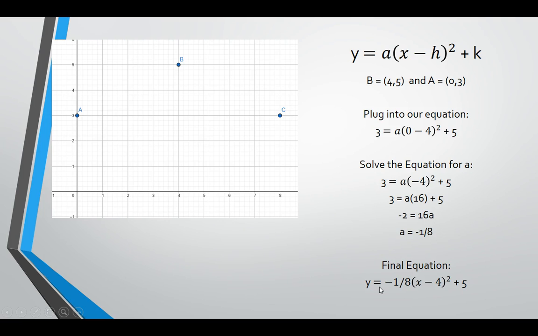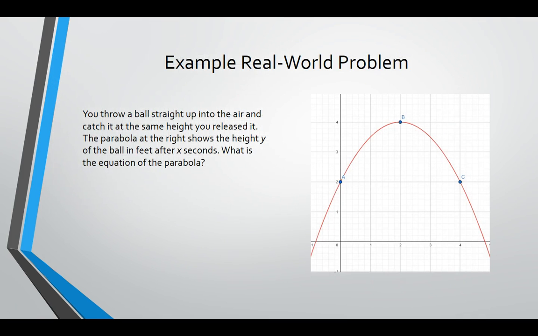You have y equals our a value, which we have to plug in, times x minus h, which again is 4, plus 5 for k. And again, I encourage you to use GeoGebra to check your work whenever you are constructing an equation.